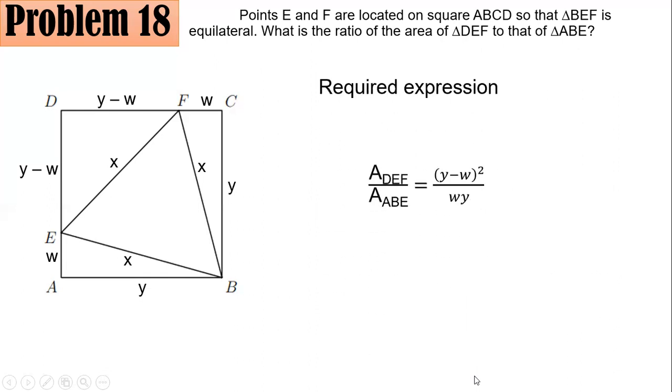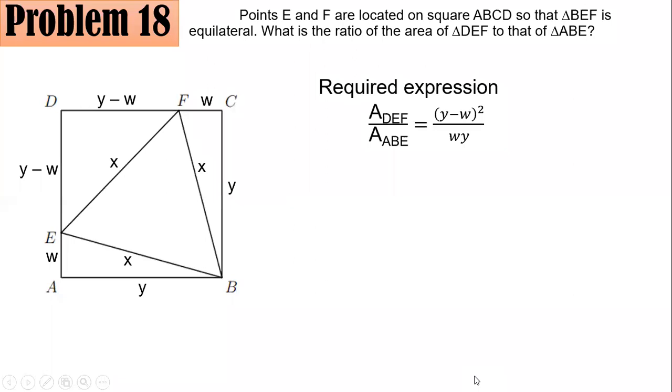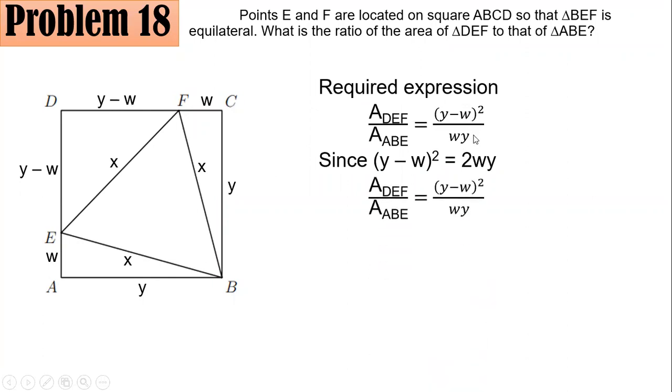And from here, remember that this is our required expression. If you would go back to the previous slides that we have, this is the required expression, the ratio of their areas. Since earlier we have y minus w quantity squared equals 2wy, and this is our required equation, we need to divide both sides by wy.